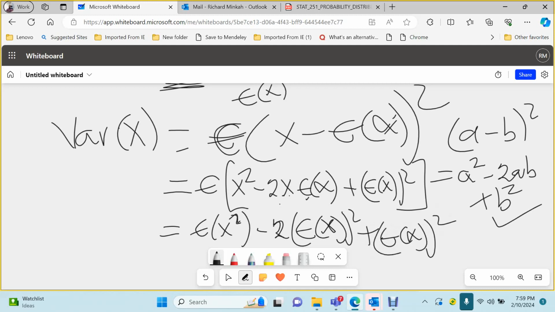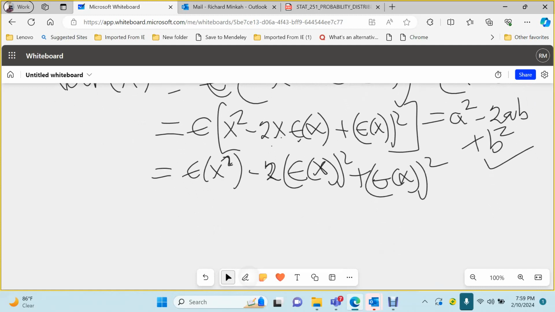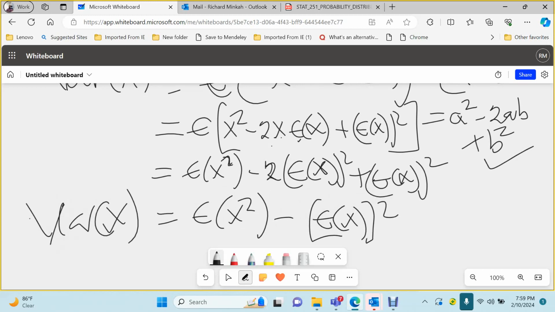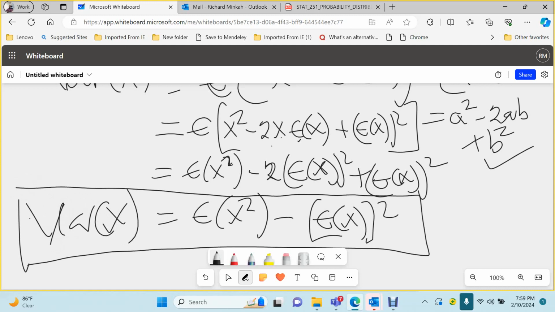Is everybody okay? Now it means that I can subtract this. So essentially, I'll get the expected value of X squared minus the expected value of X all squared. That's the variance. Is that okay?